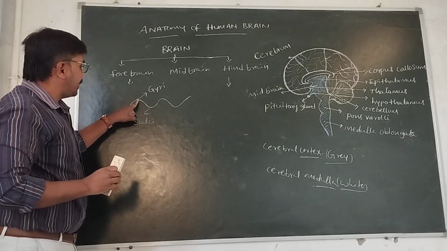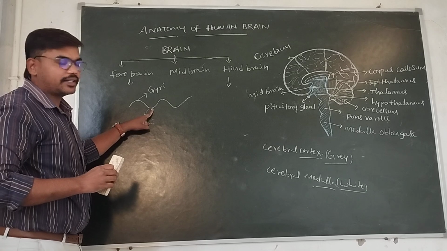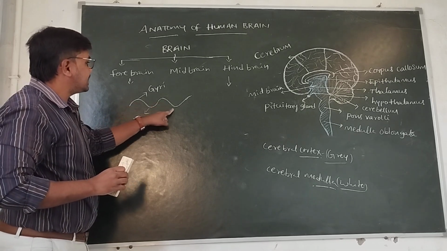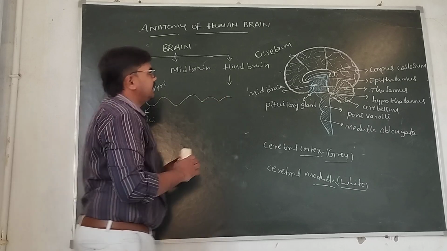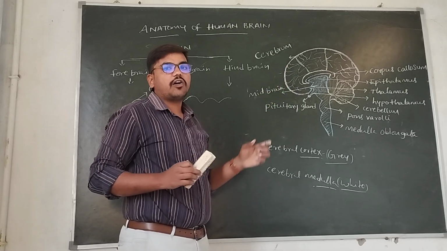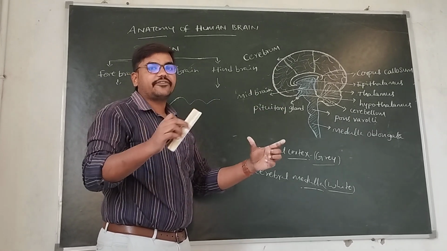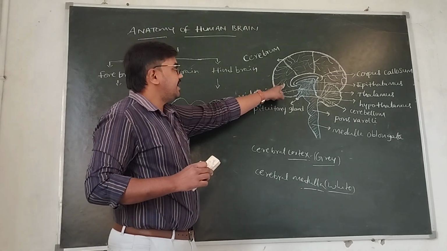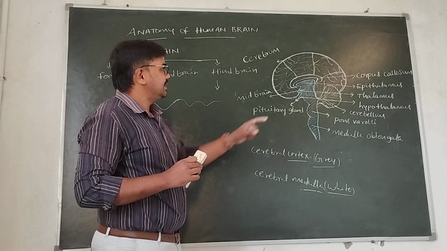The gyri are the upper elevated parts, the sulci are the lower depressed parts. These gyri and sulci form the folds on the surface of the cerebrum. Why? Because it is occupied by billions of neurons. It provides a large surface. That's why the outer portion of the brain has a number of gyri and sulci.